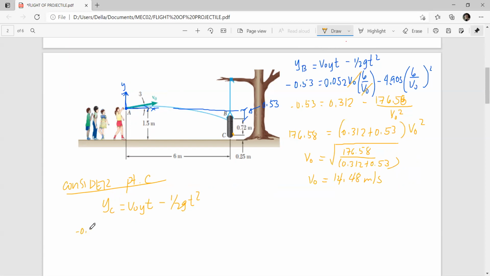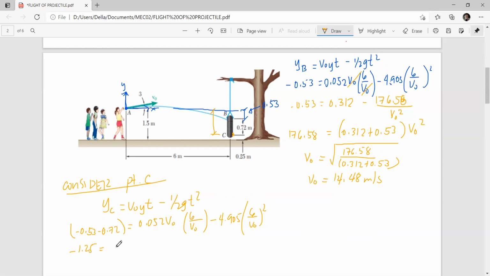This is negative 0.53 minus 0.72, or negative 1.25 equals 0.052 initial velocity times 6 over velocity initial, minus 4.905 times 6 over velocity initial square.